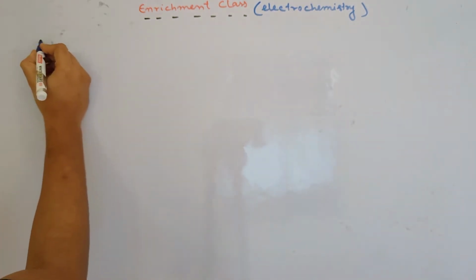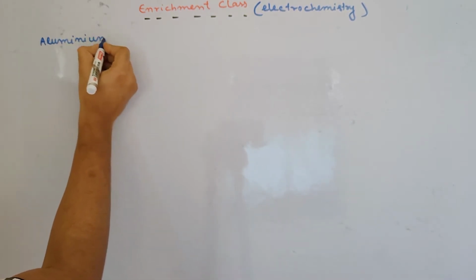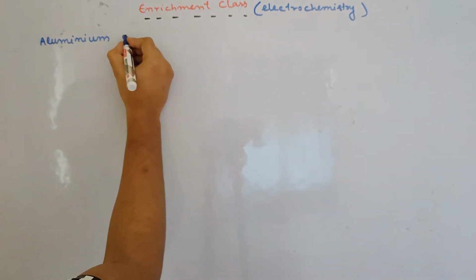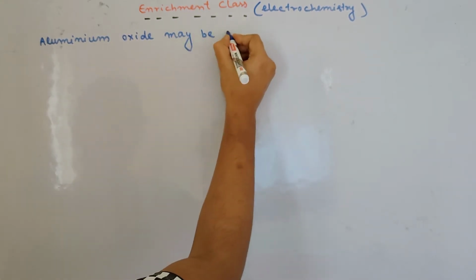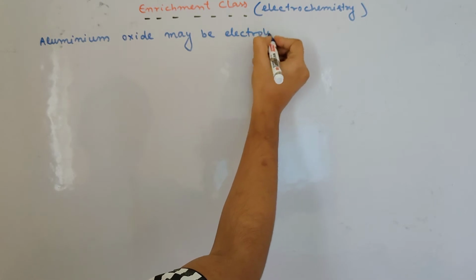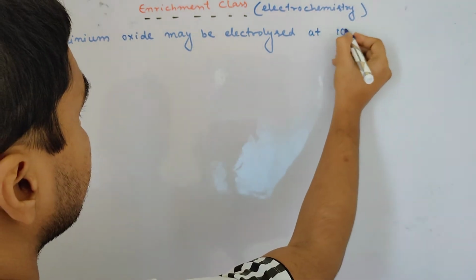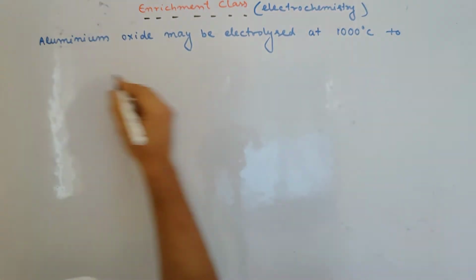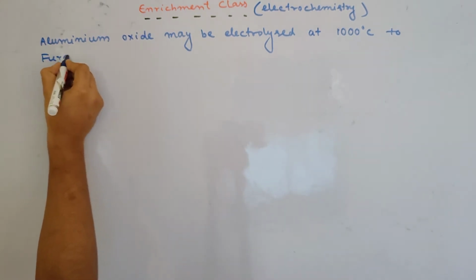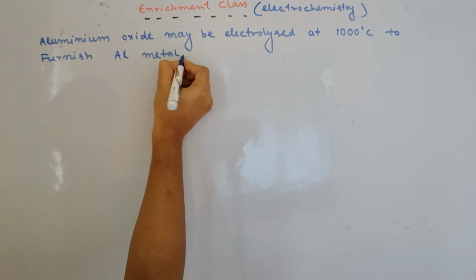So the first question goes like this: aluminium oxide may be electrolyzed at 1000 degrees Celsius to furnish aluminium metal.